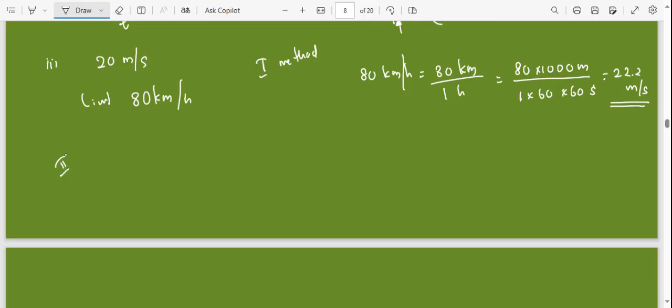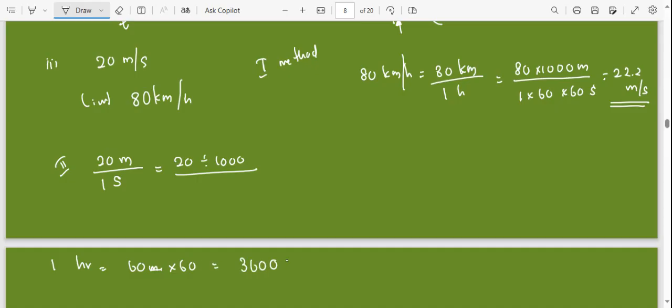Then the second method is converting 20 meters per second. That means 20 meters in 1 second. To convert 20 meters into kilometers, you divide by 1000. Then 1 second is 1 over 60 times 60. We know 1 hour means 60 minutes into 60 seconds, so that means 3600 seconds.